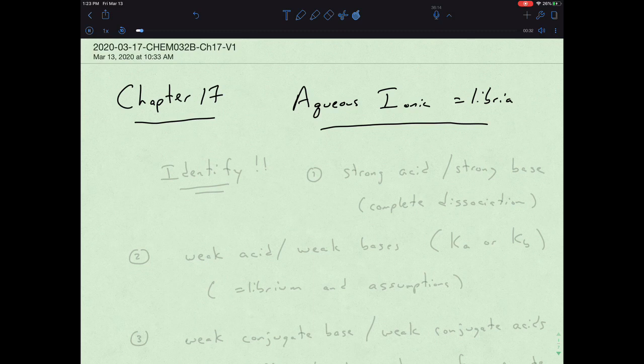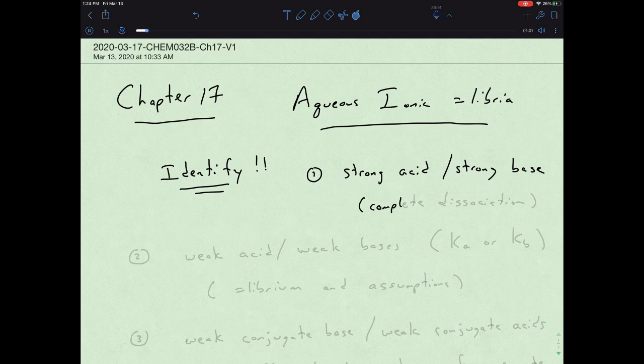So just to review from chapter 16, remember the identification process is most important here for realizing what type of system you have. We've talked about strong acid, strong base type questions from chapter 16, right?